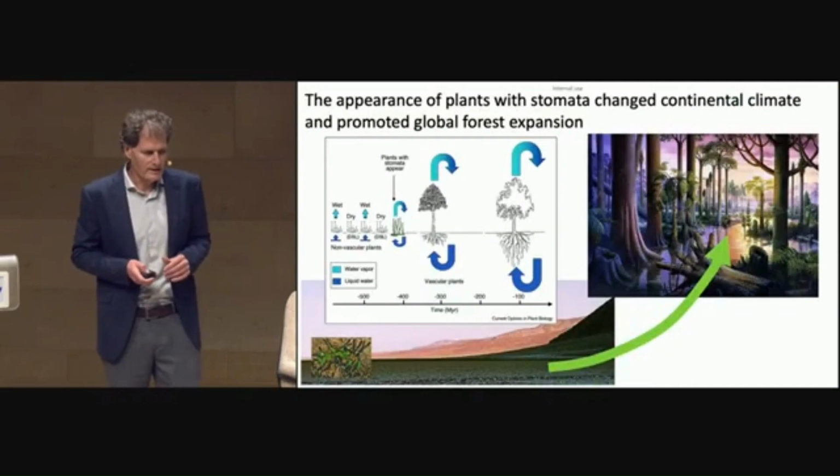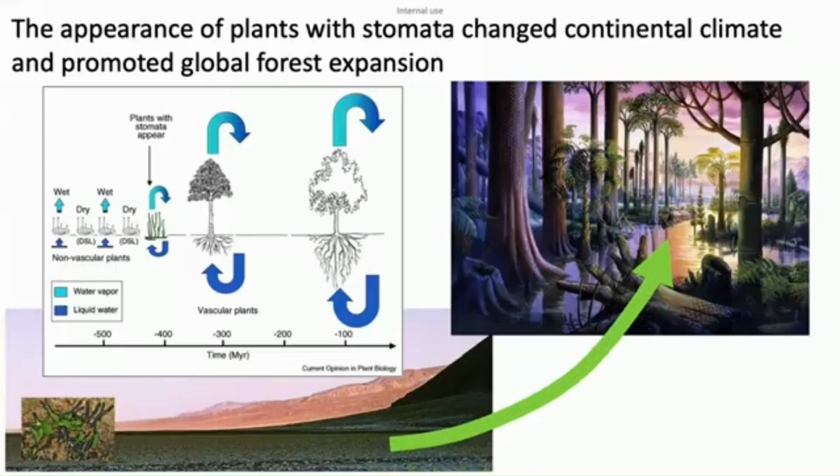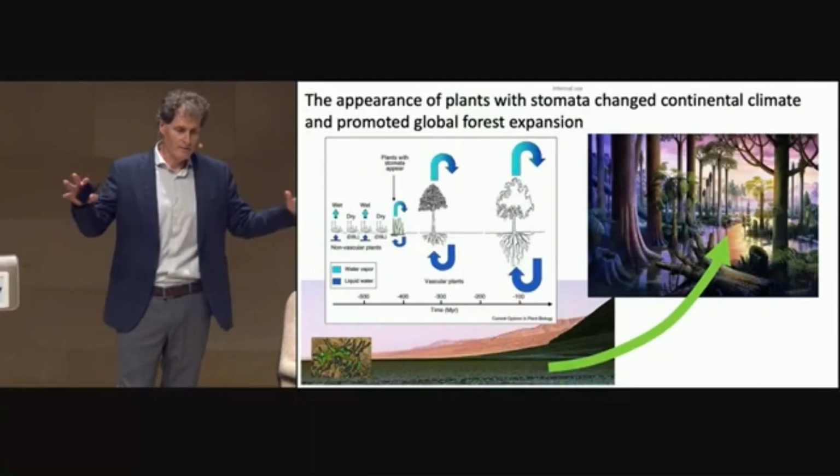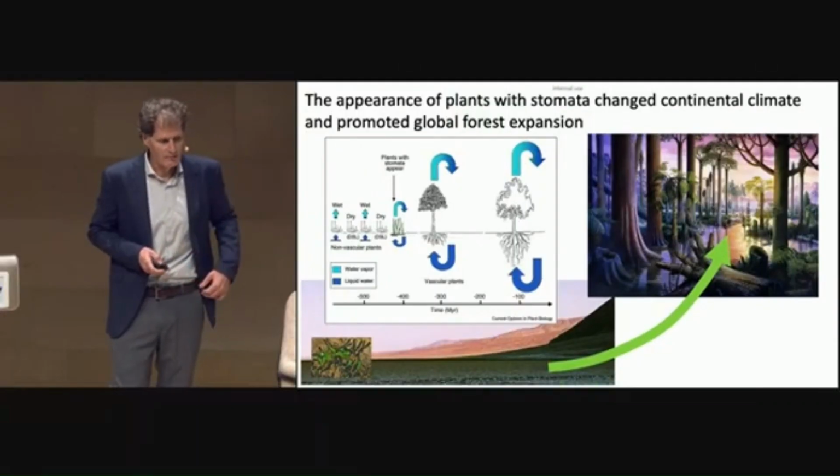To understand that process at the global scale, we really need to understand what's going on at that cellular scale, because all of those cellular components, those stomata scaled up 1 billion times, is what's feeding back onto global climate.